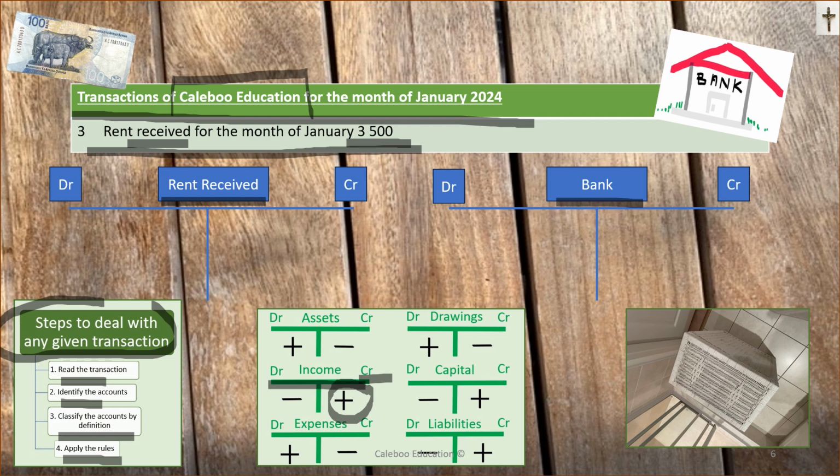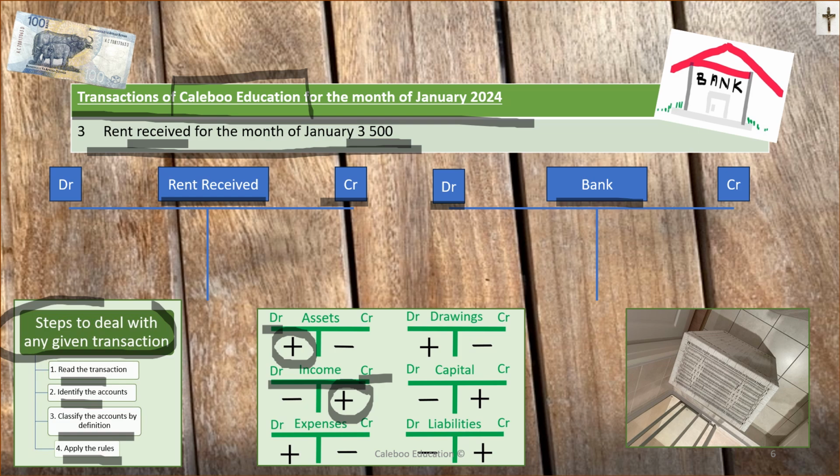Bank is an asset. Calibu Education's bank account has increased, the account will be debited. So rent received, because it's income, and income has increased, it will be credited. Bank will be debited, increase in assets.